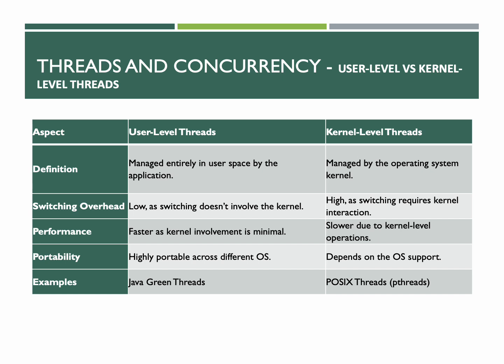So we can say that user level threads excel in lightweight tasks where portability and speed are key, while kernel level threads shine in applications requiring robust system level resource management.